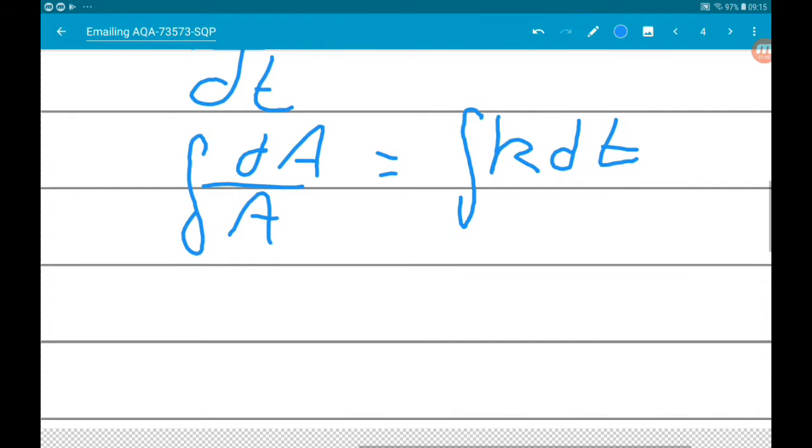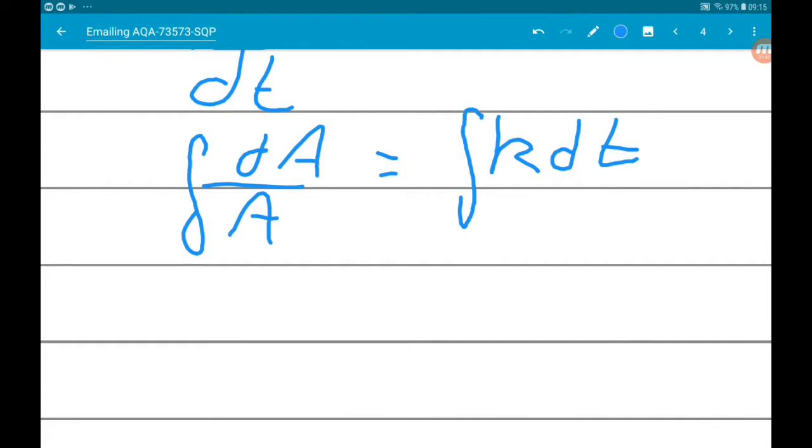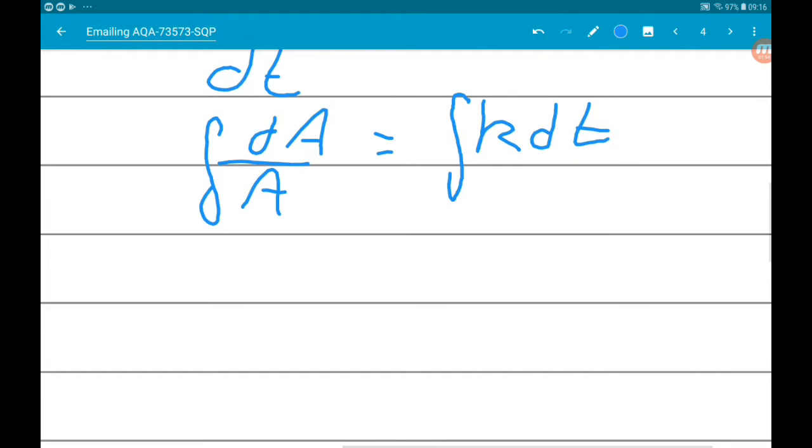So the integral of dA over A is the integral of 1 over A with respect to A. So that's going to give us log A is equal to kt. Now we have to remember the constant C.